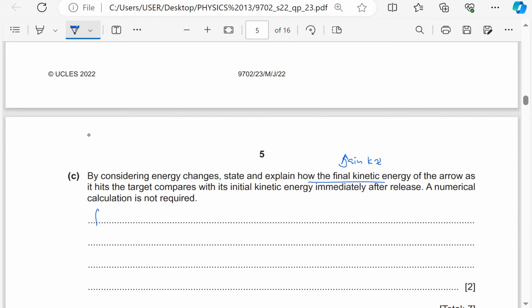So falling below the point of projection means gravitational potential energy has decreased.